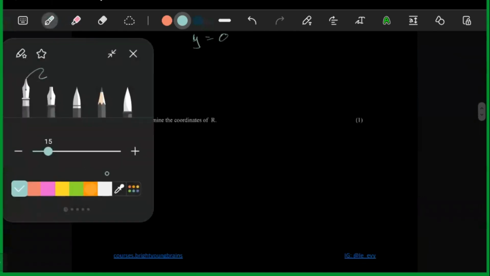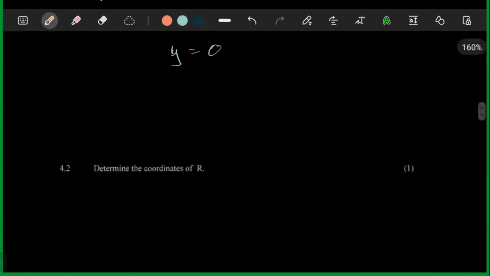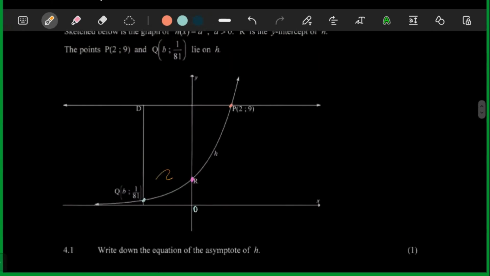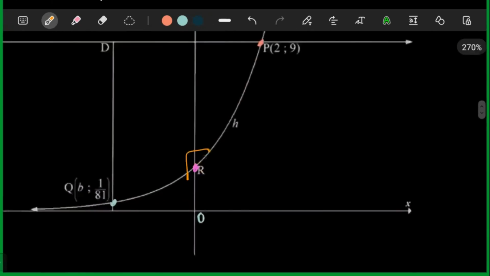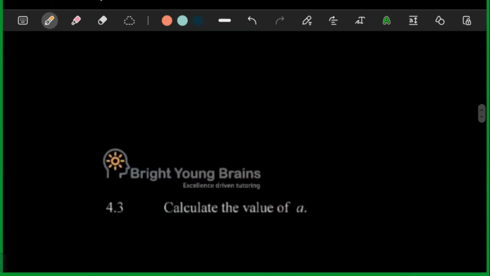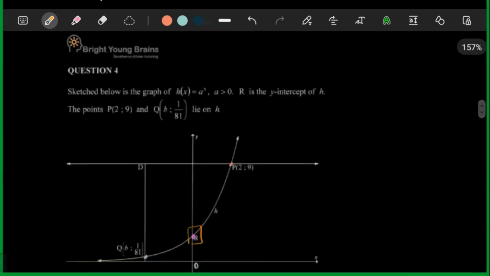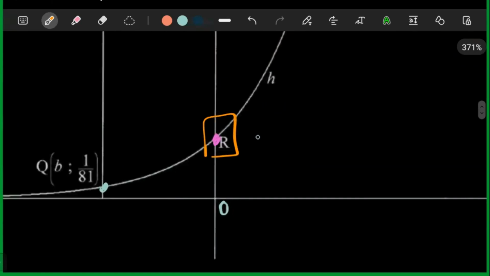Now they're asking us to determine the value of r for 1 mark. Getting the value of r is not difficult because we already have the coordinates of r. The x value is just 0. The y value is what we're missing.